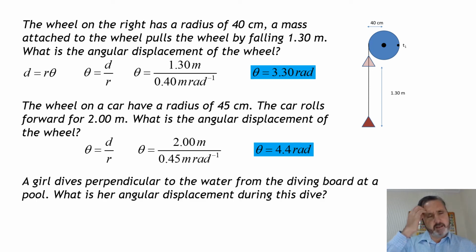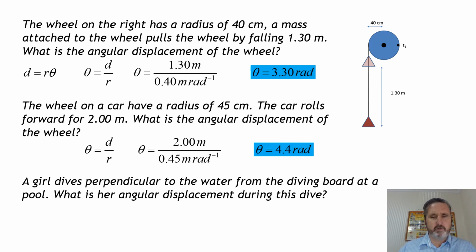And the last one here, a girl dives perpendicular into the water from a diving board at a pool. What is her angular displacement during this dive? If a girl was diving perpendicular into the pool, she goes with her hands first, but she started standing up straight. She would have had to turn 180 degrees to have her hands going first instead of her feet.